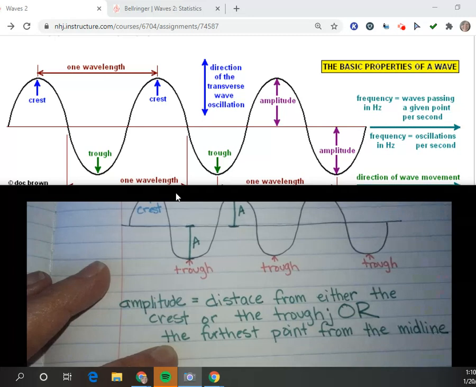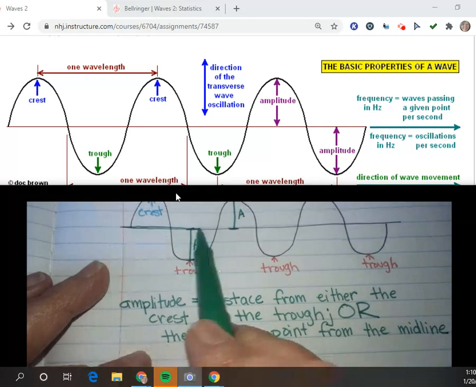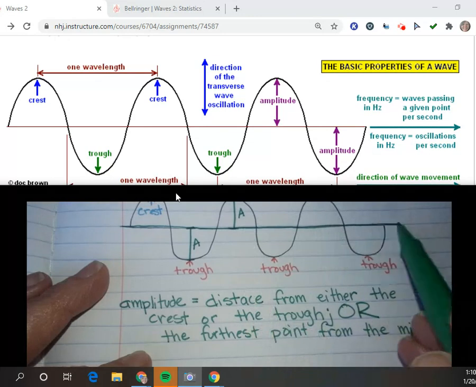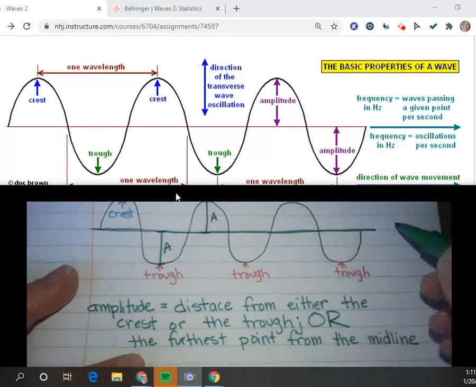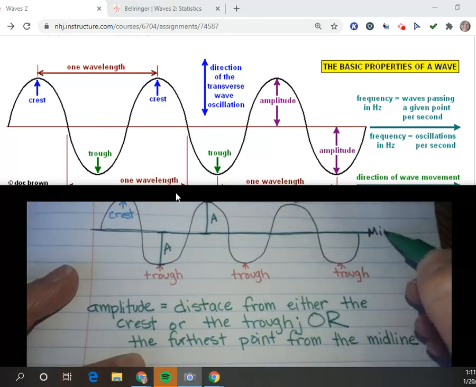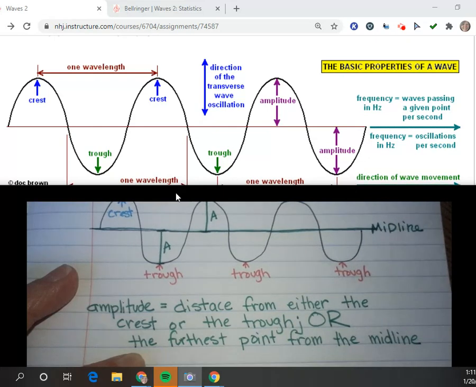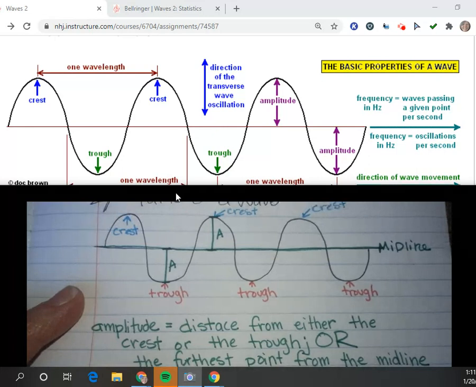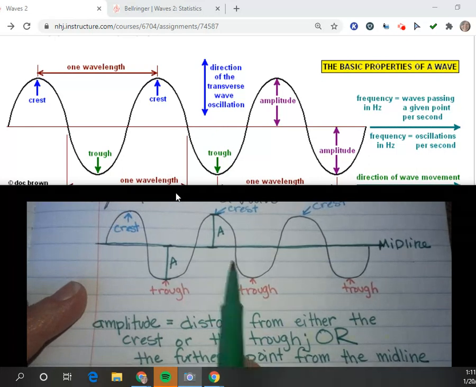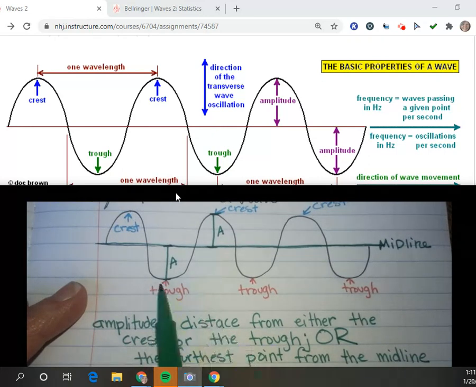So if this is our midline right here, we could probably go ahead and label that. If that is our midline, then the furthest point away from it is either the trough or the crest. Right.